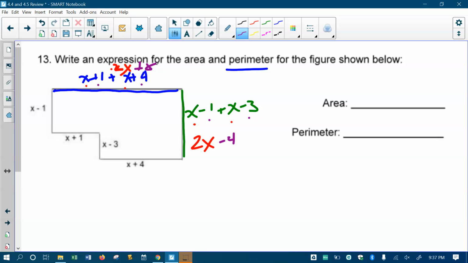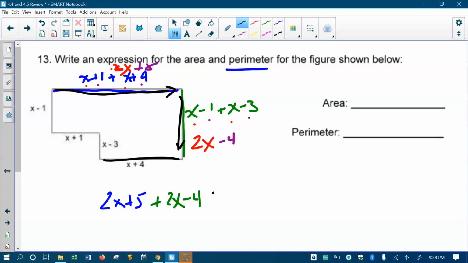So to get the perimeter here, let's add everything up. I'm going to have the blue side, which is 2x plus 5, plus the green side, which is going to be 2x minus 4, plus this side. I'm just going to go around in this direction. Remember, perimeter is just the border.